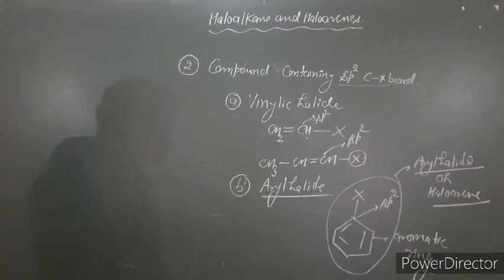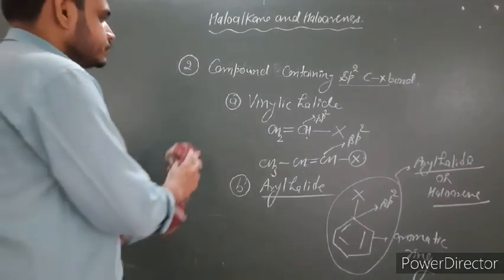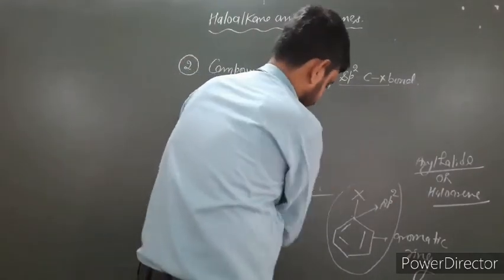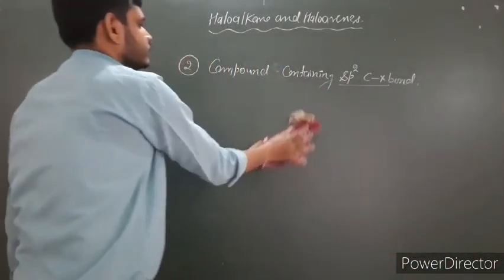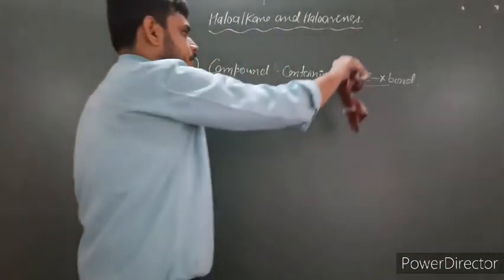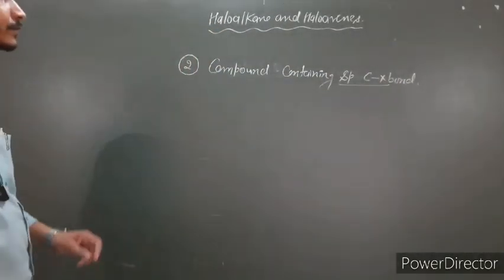Now third type is compound containing sp carbon halogen bond. Now third and last is compound containing sp carbon halogen bond.